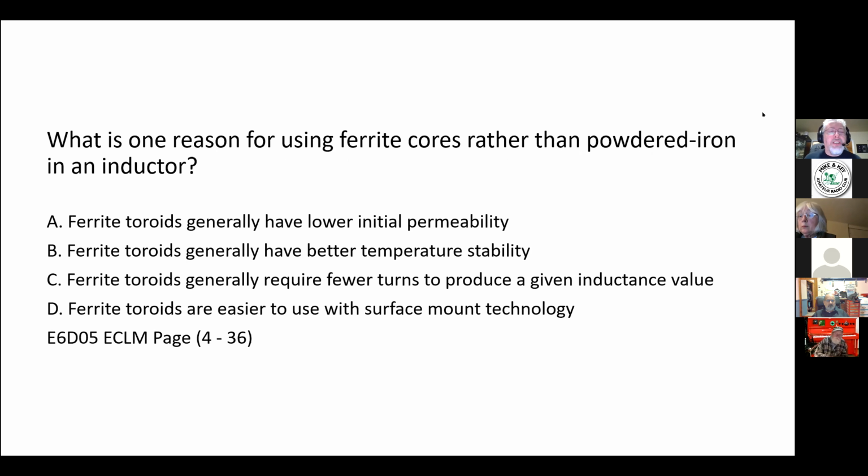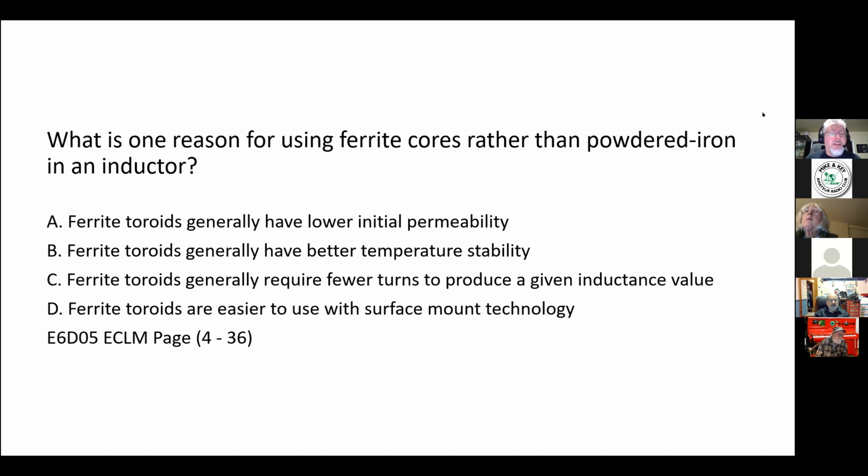What is one reason for using ferrite cores rather than powdered iron in an inductor? A, ferrite toroids generally have lower initial permeability. B, ferrite toroids generally have better temperature stability.